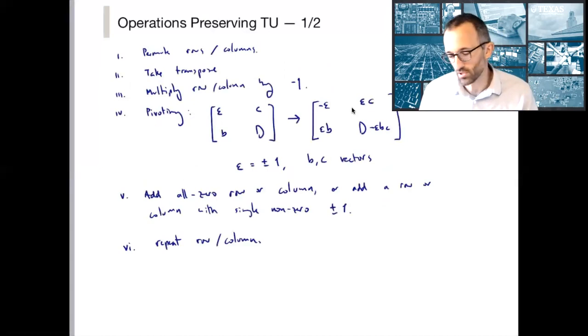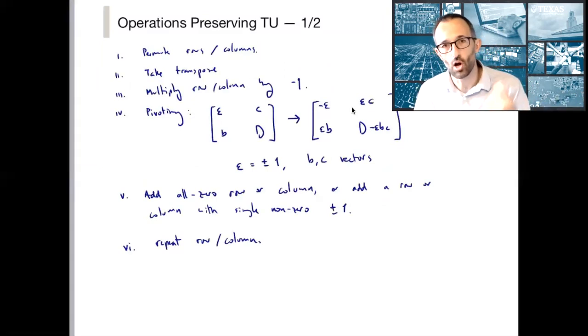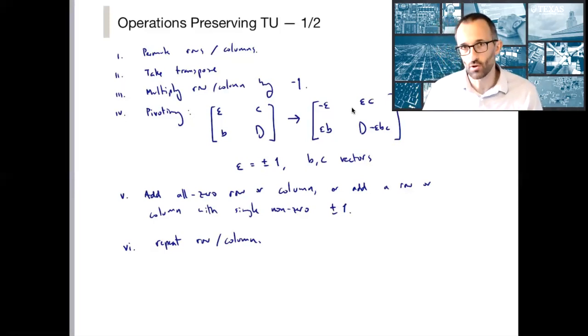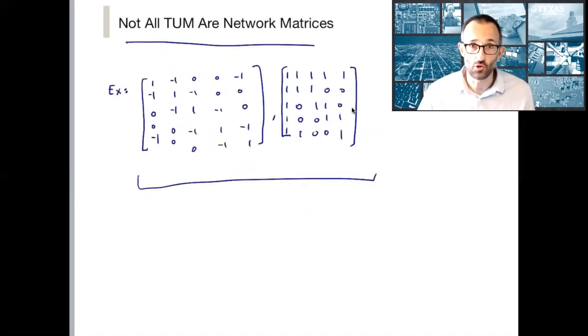So these basic operations like permuting rows, taking transpose, adding a row or a column with a single 1 or minus 1, repeating a row, those are all straightforward to show preserve total unimodularity. But we also start with some basic building blocks. And the building blocks are network matrices that we get from flow conservation and these 2 matrices.